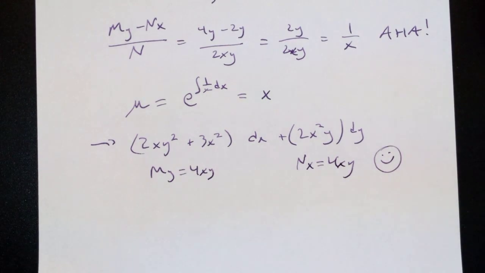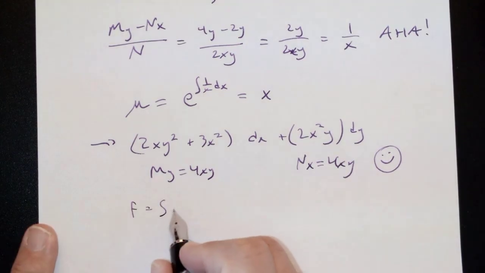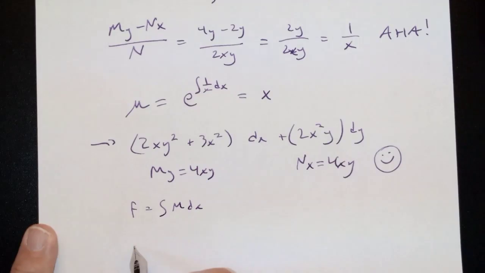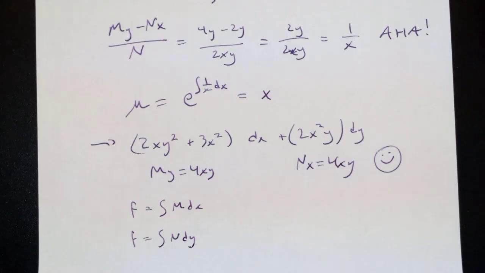Hallelujah, I got an exact answer. Well, I have an exact differential, which means I can integrate to get the answer. F is the integral of m dx, and it's the integral of n dy, and I have to reconcile those two pieces.